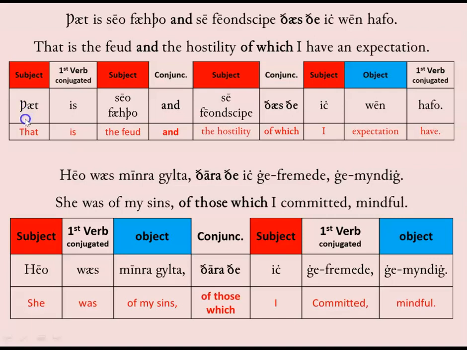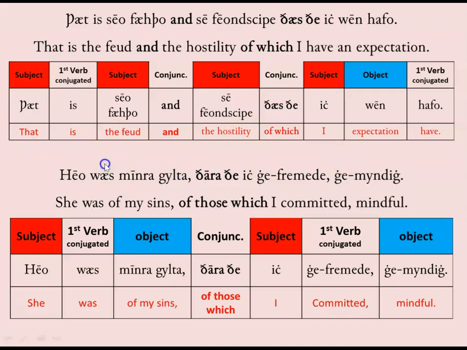In this case, it's referring to two things, the feud and the hostility. So seo and se deliberately mark them out as nouns and the subject. Thaes the, of which, ic, I, wene, expectation, hæbbe, have. So this is: I have an expectation of this feud and hostility.